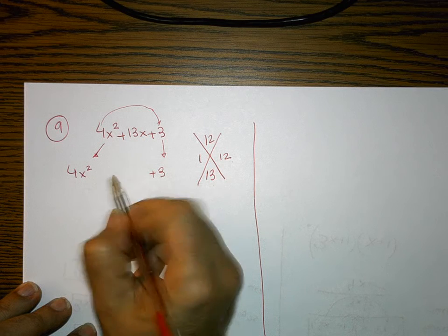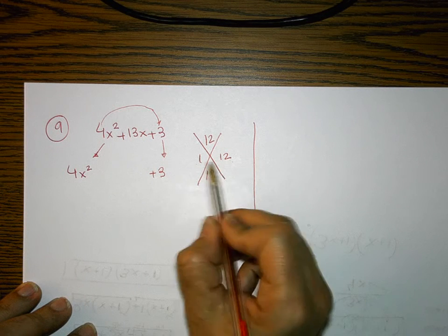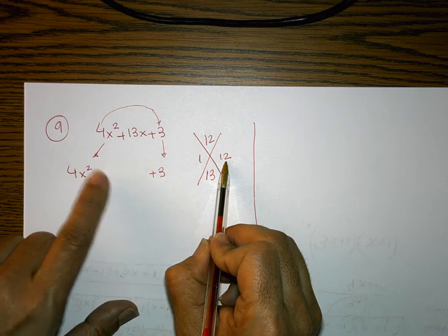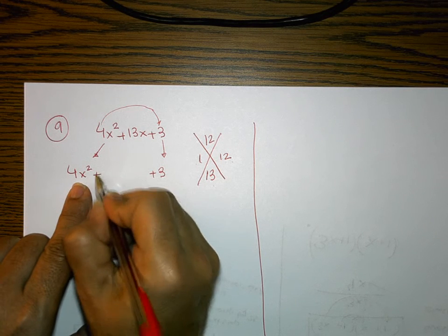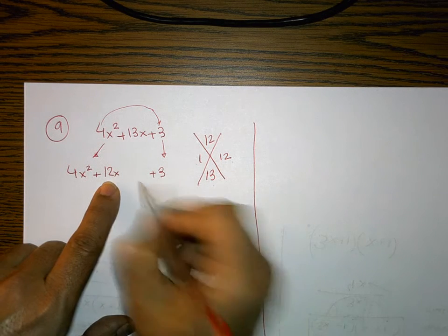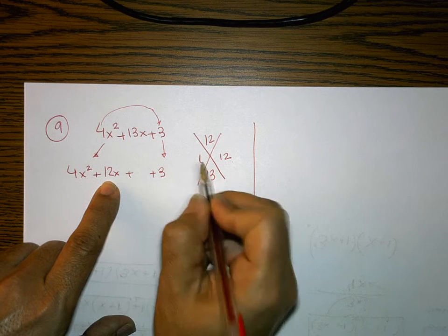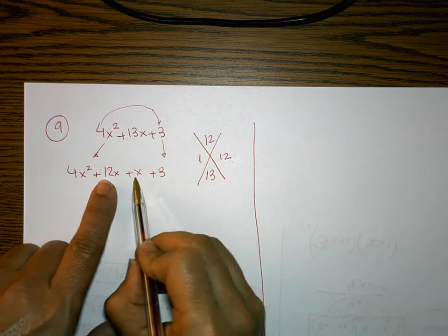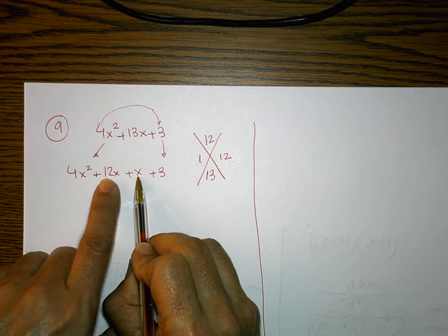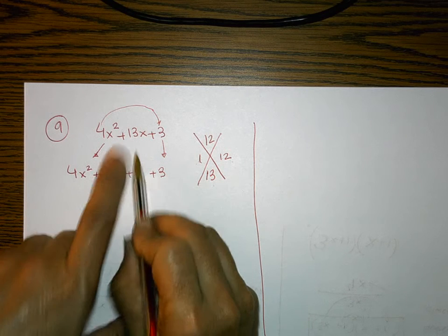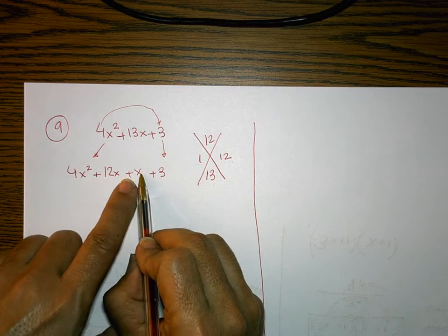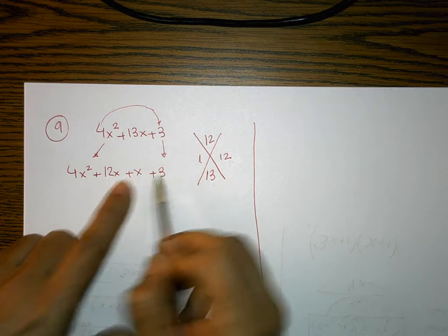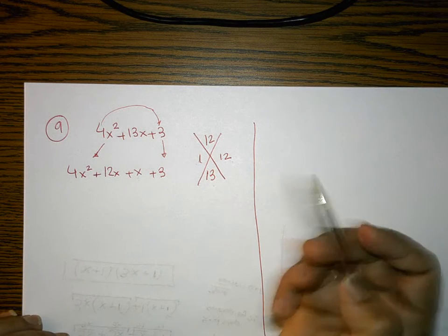In between are the factors I found. I want to put the 12 first because the 12 goes well with the 4. So I'm going to write plus 12x plus the 1x. Together, these 2 terms, 12x plus 1x, still equal 13x. If you chose to put the x first and the 12x in the back, you would still get the same answer. It doesn't matter.